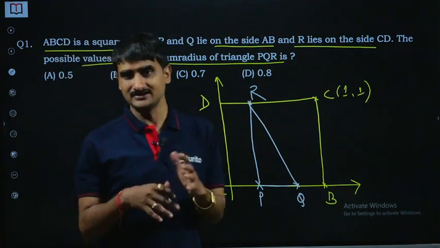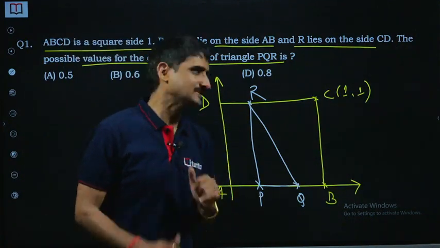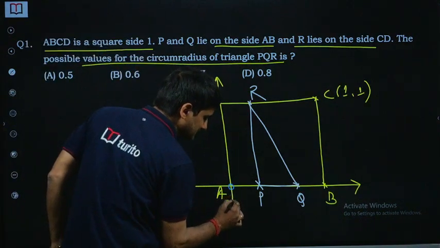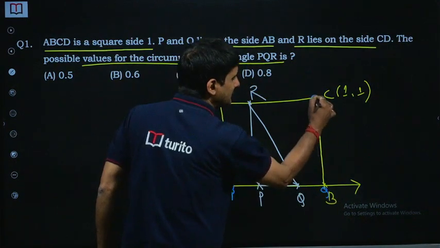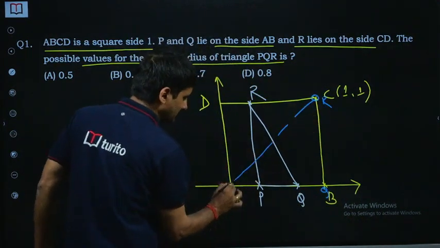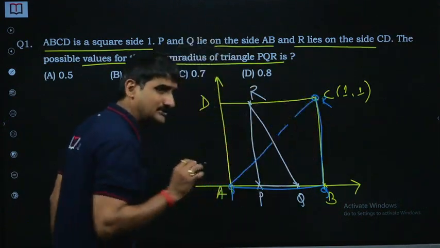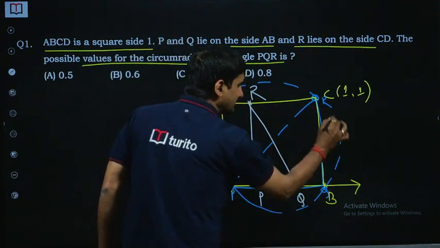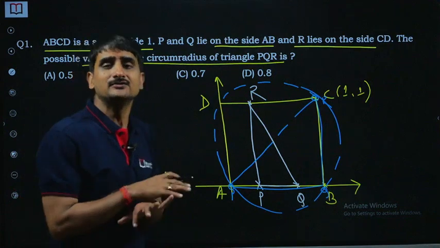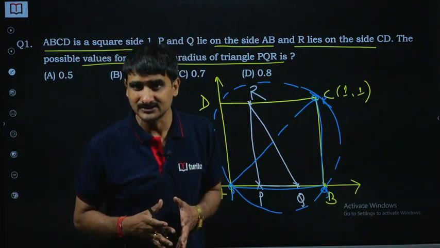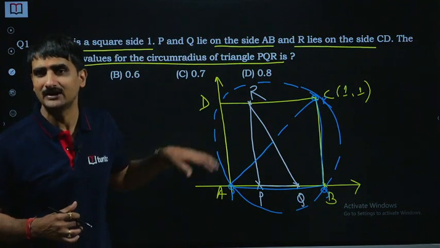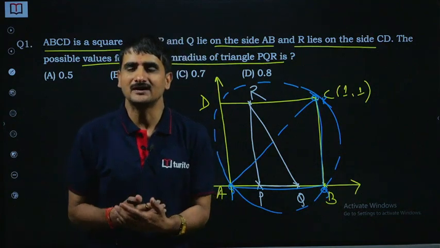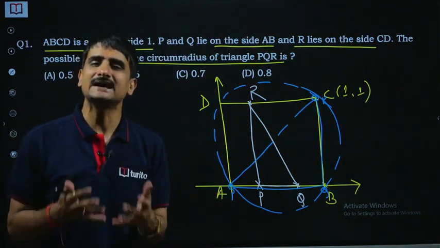The largest circle possible for this triangle is the one for which P is here, Q is here, and R is here or here. Why? Because if I consider this blue triangle, its circumcircle is the circumcircle of the square itself. You can't have any circumcircle for such a triangle PQR under the given condition which is larger than this, because P, Q and R are on the sides of the square.